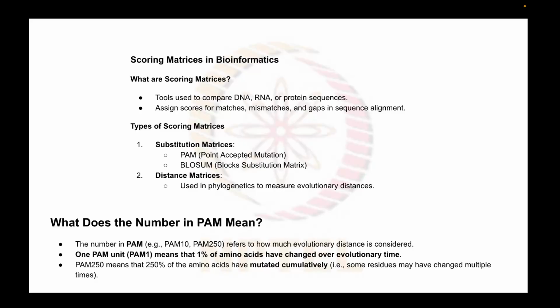And how do we use PAM matrices? When we are working with closely related proteins, it is better to go with a lower PAM number, that is PAM 1, PAM 10, PAM 100. When we are working with distantly related proteins, it is better to go with a higher PAM number, PAM 250 and others. These PAM matrices are commonly used in sequence alignment algorithms such as BLAST and FASTA.